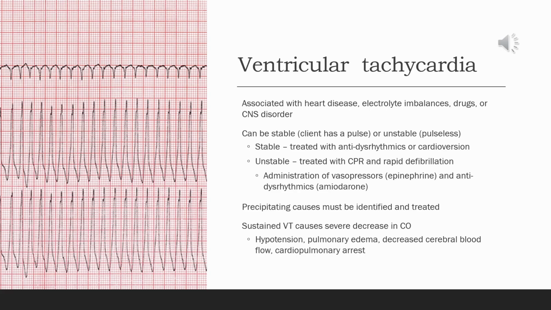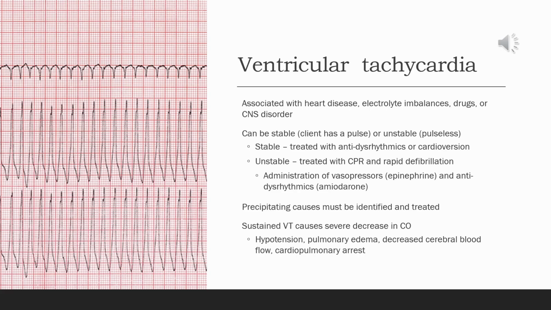Then we're going to give amiodarone 300 milligrams IV push, followed by a second dose of 150 if that's needed. With this unstable VTAC, we're going to continue cycles of CPR, defibrillation, and epinephrine administration until the patient achieves return of spontaneous circulation, or ROSC, or the code is actually called.